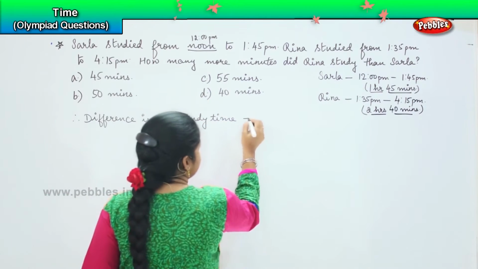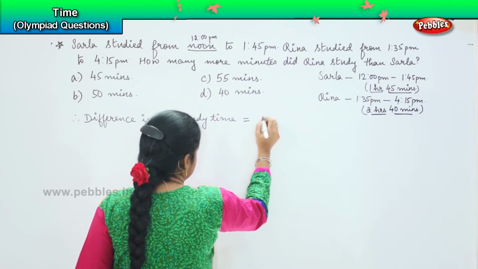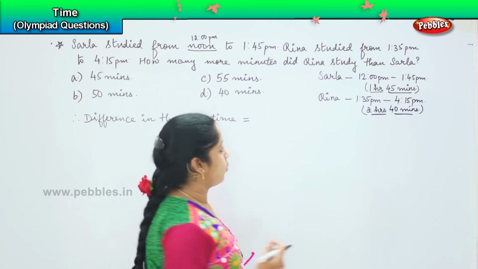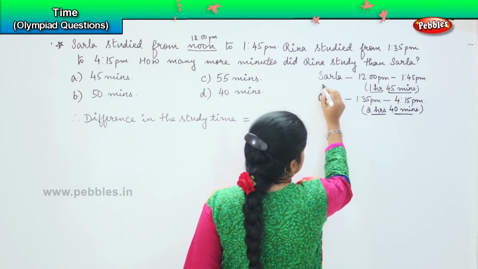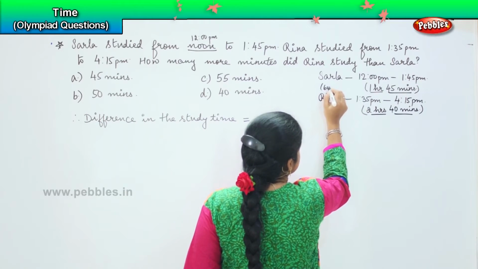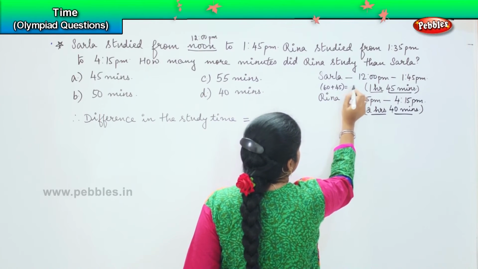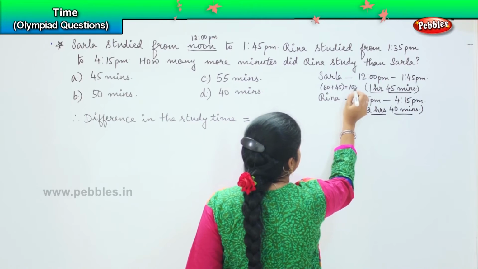Okay, so difference in the study time will be this. We can also convert it in the minutes form if we want. So 1 hour, we know that it is 60 plus 45, right? So we can also write as 105 minutes.